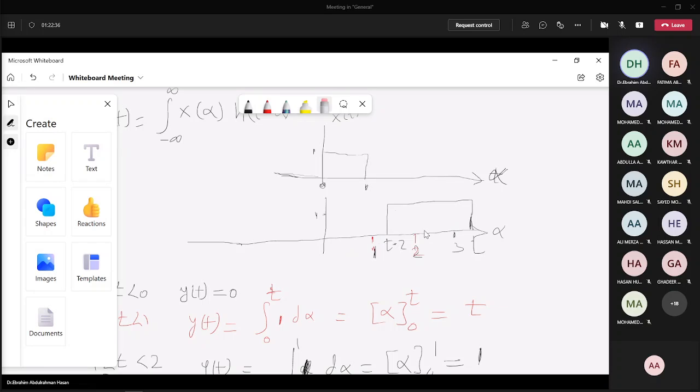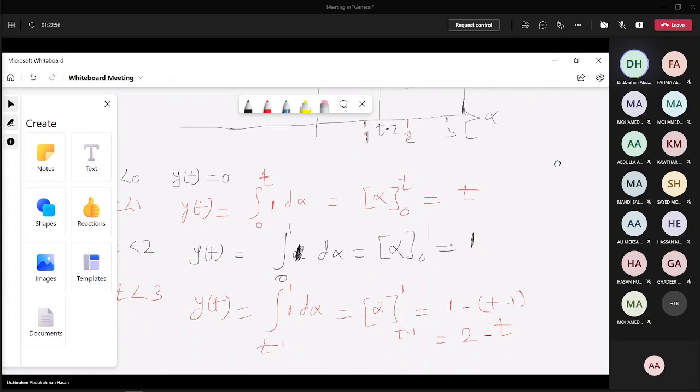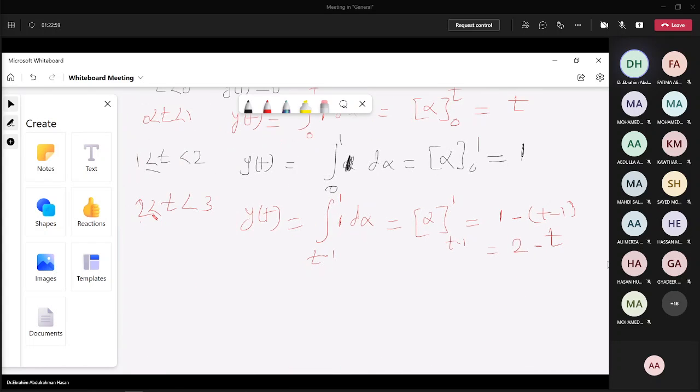So then y of t equals the multiplication of these two, but from t minus 2 to t this one is equal to 0, and between 0 and 1 this one is equal to 0, so then the multiplication will be equal to 0. So for t greater than or equal to 3, y of t equals 0.